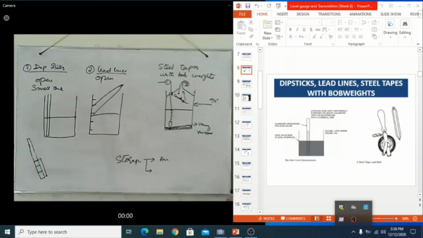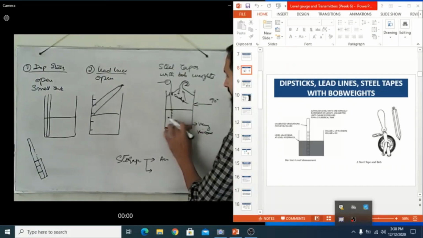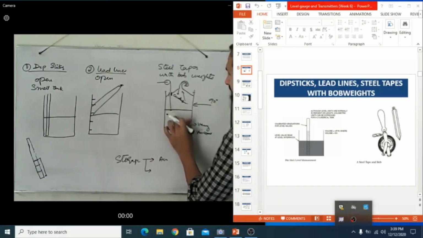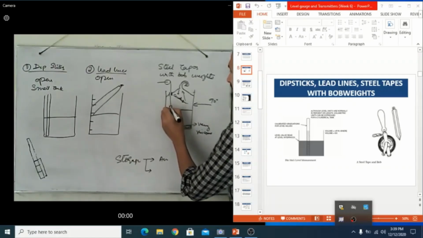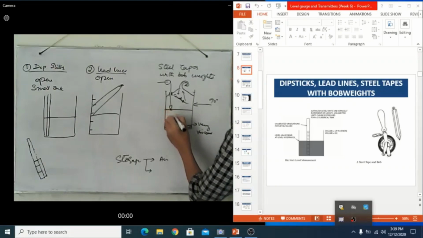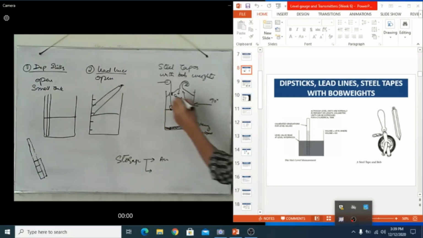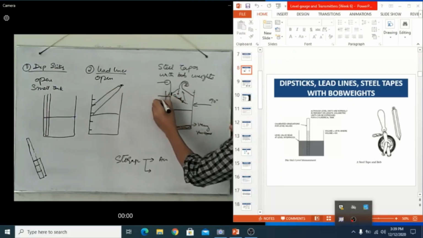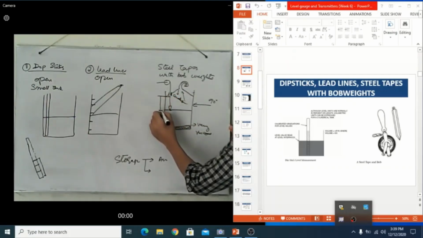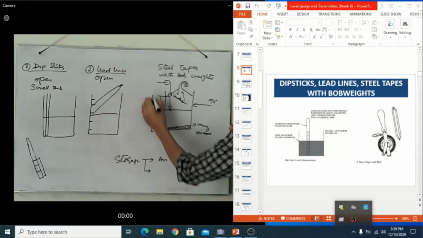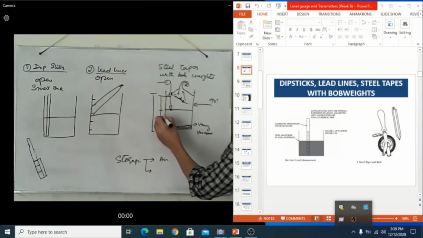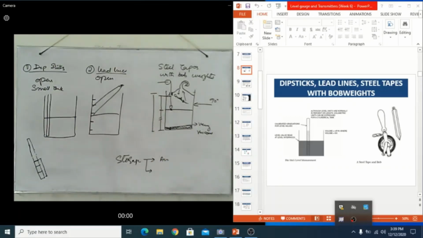Another method is that you move your bob weight in such a manner that it simply touches the surface of the liquid, so you can easily come to know what this length is, and if you know the total length of the tank, you can easily come to know how much length is available in the tank.